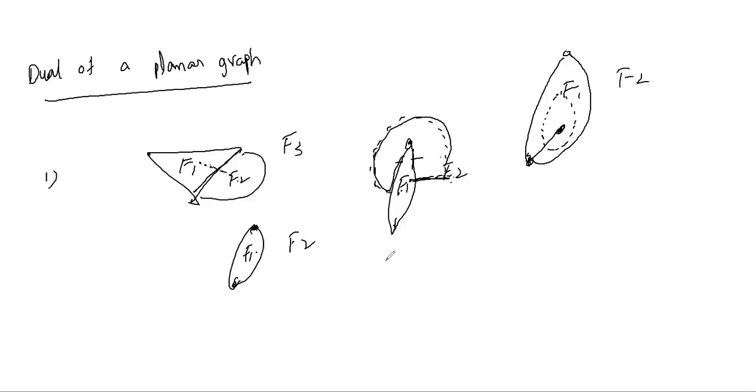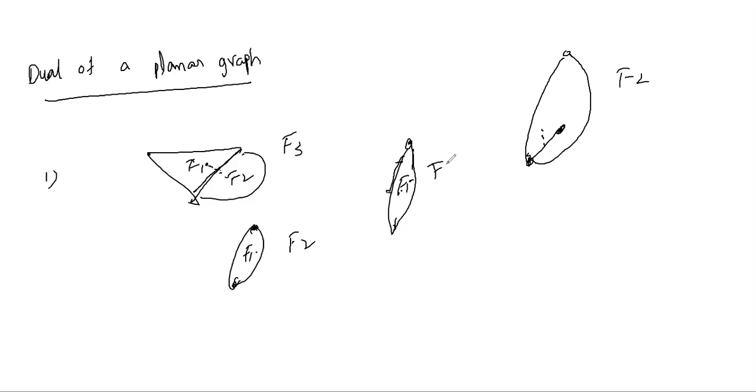So we are drawing the dual of the planar graph. When you are drawing the dual of a planar graph, you remember these three things. One more time explaining. If you know this, you can draw any planar graph dual very easily. First condition, F1, F2, F3, three regions will be there. Two regions separated by one common edge, draw one dotted line.